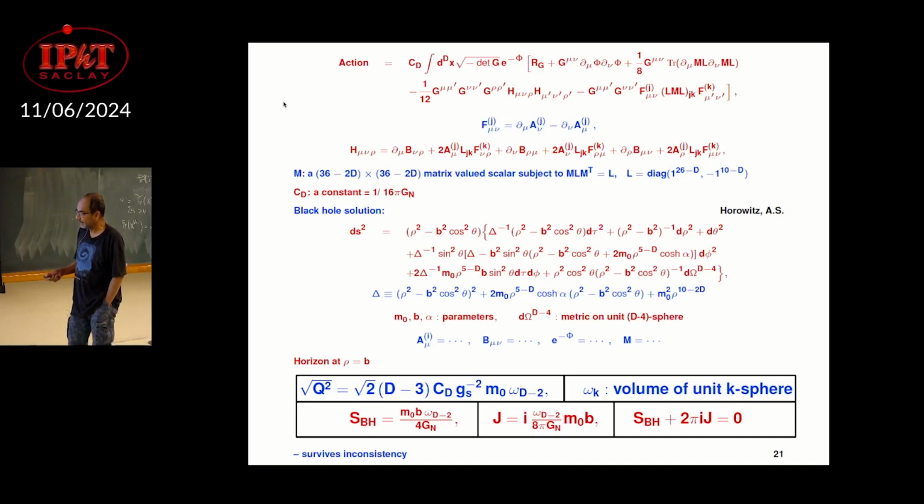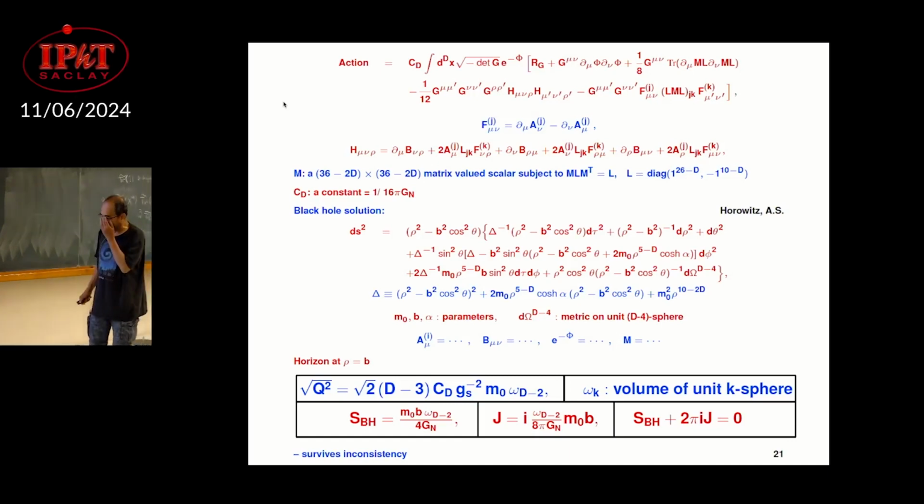In particular, the square root of the quadratic combination of the charge that I introduced earlier, which you can read out from the gauge fields, is given by this formula. Omega k in my notation is the volume of the unit k sphere. In the same notation, the black hole entropy, or the Bekenstein-Hawking entropy, is given by this, and J is given by this.